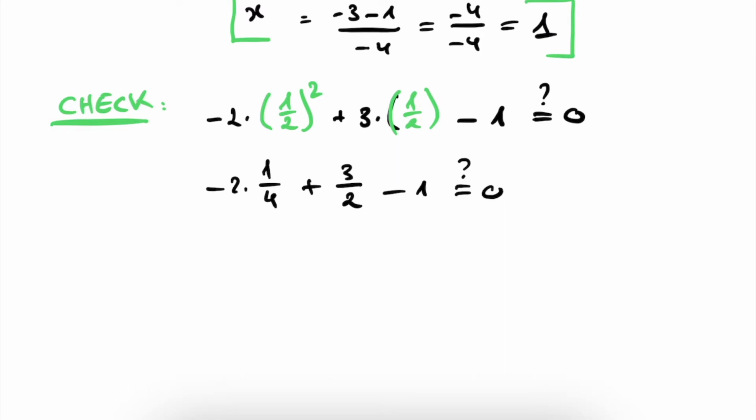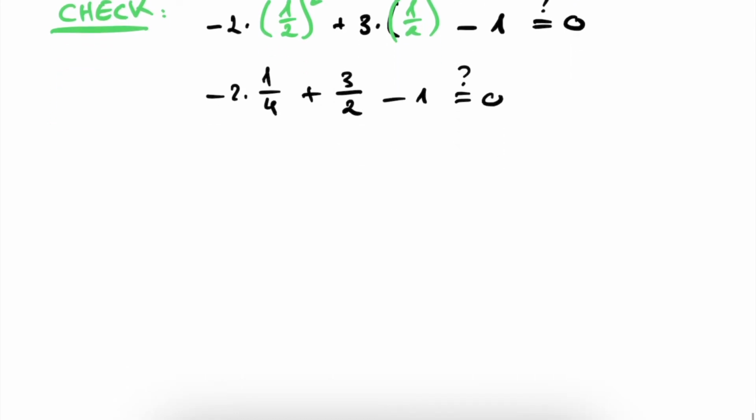So this at this point is not immediately clear. So this 2 and this 4 cancel, and this 4 becomes a 2. So we get minus 1/2 plus 3/2 minus 1. Is this equal to 0? Well, let's see.